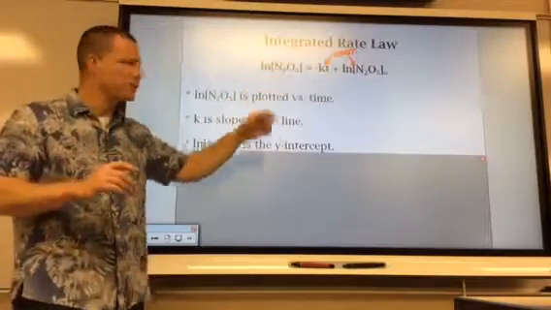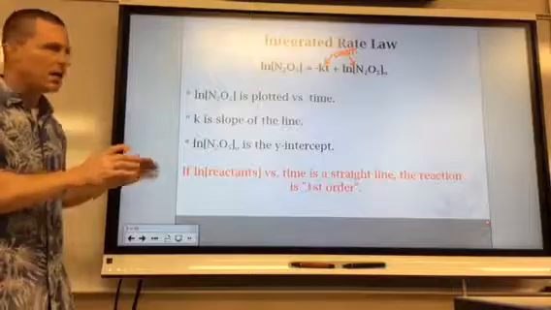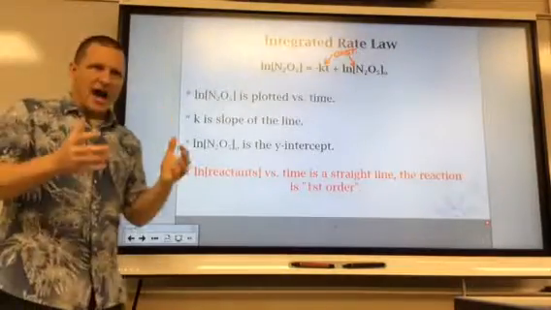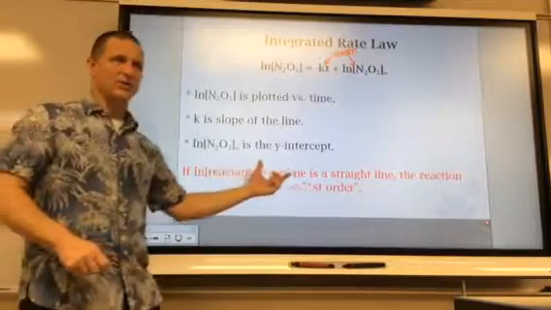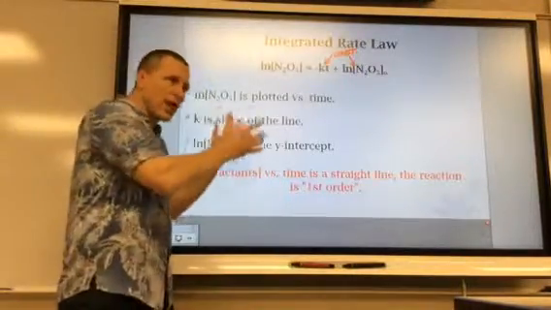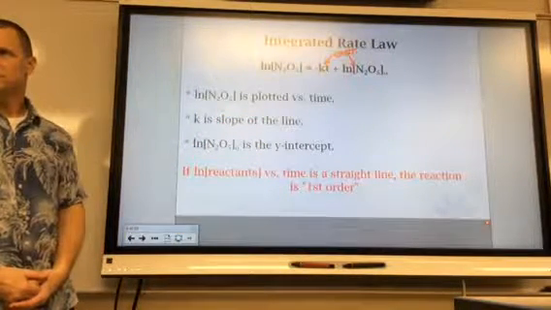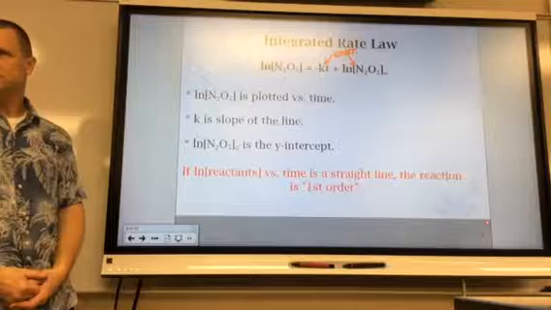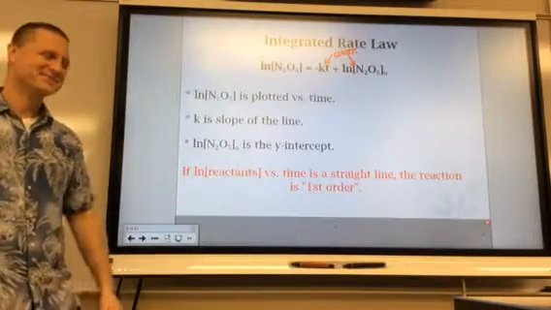And here's really the punchline of it in red. If you plot on a graph the natural log of the reactant concentration versus time, if it gives you a straight line, that means that the reactant was first order. All that for that. That's it.